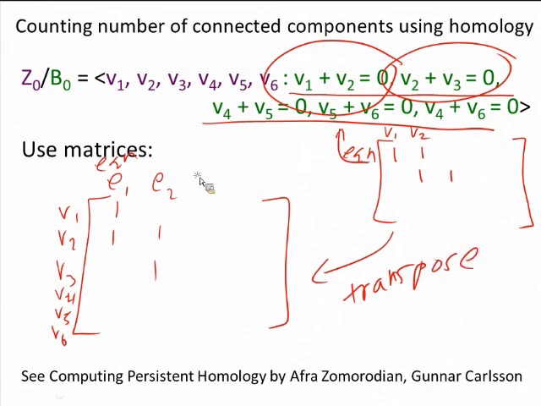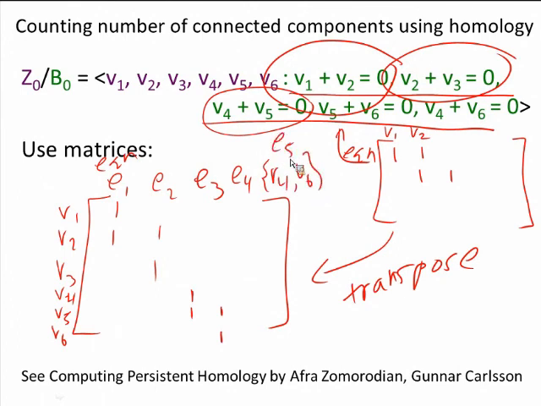And so our equation corresponding to E3, the boundary of E3, was V4 plus V5, and so we can do V4 plus V5. I can also represent the boundary of E4 as V5 plus V6, and I can also represent my edge by the unordered pair V4, V6, so that would be my edge E5, in which case I also have a 1, 1 for my last column here as well.